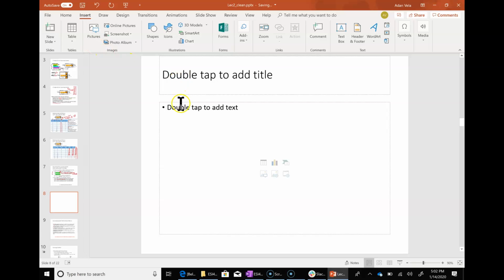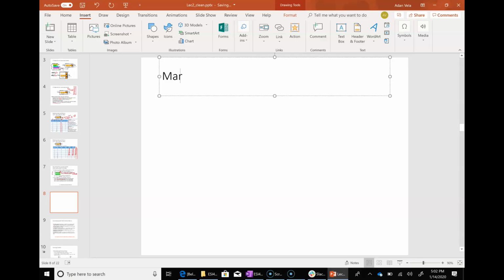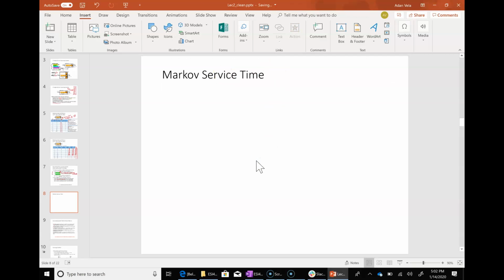Whenever we have a Markov service time, what we mean by that is, let's say here goes a PDF. This is time, and this is the PDF function, f of t.